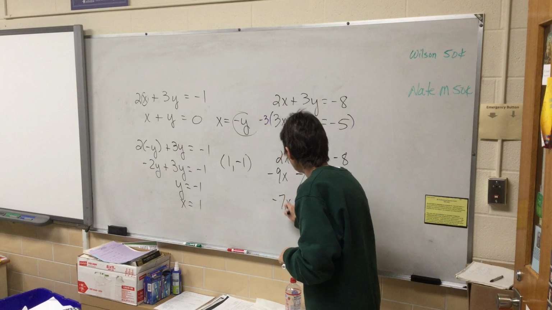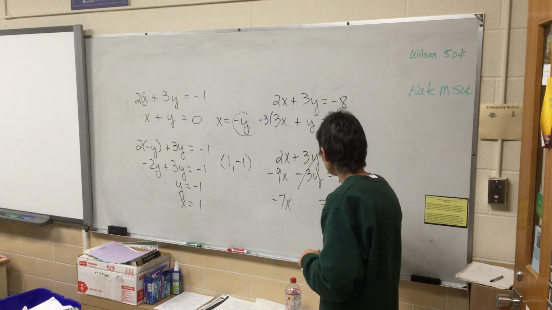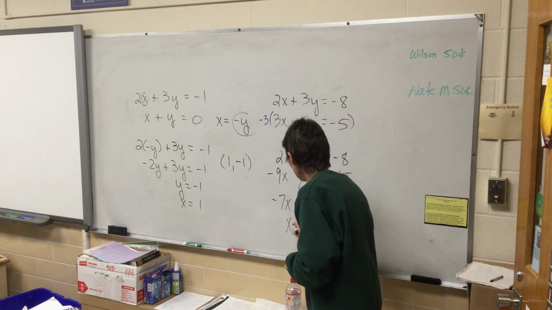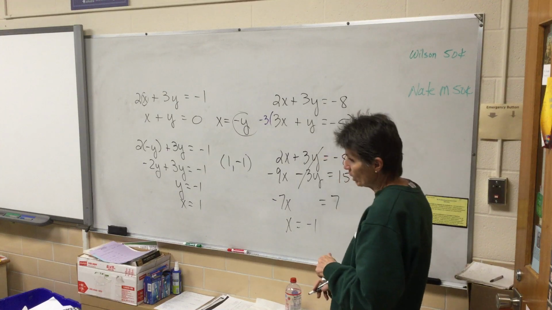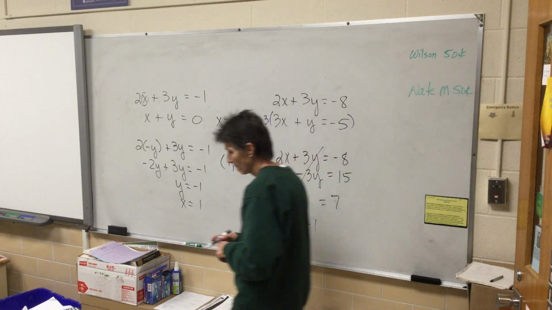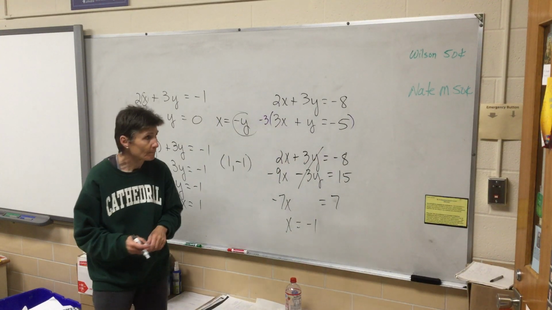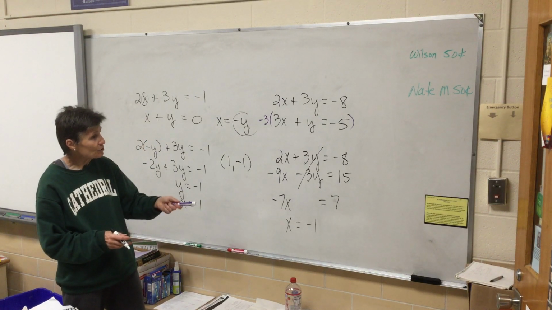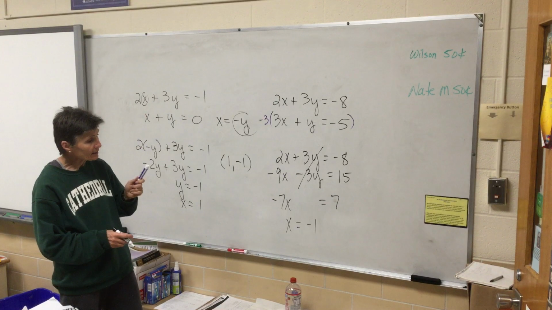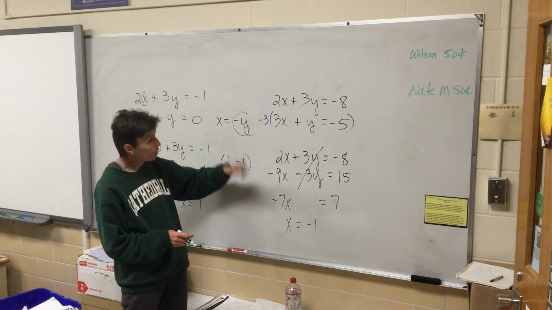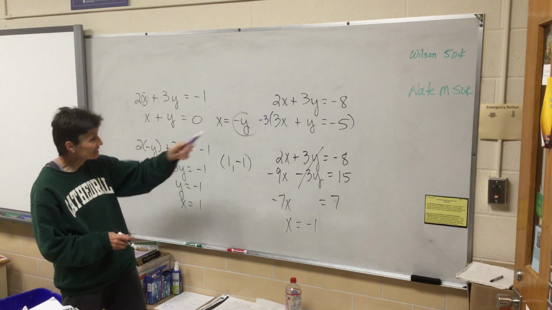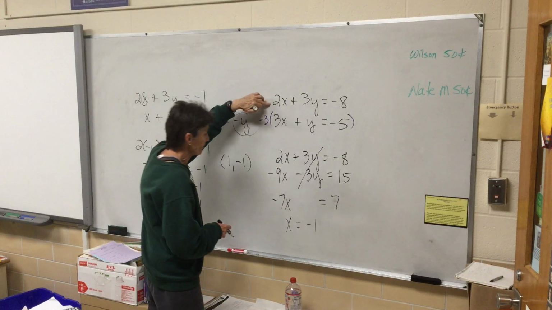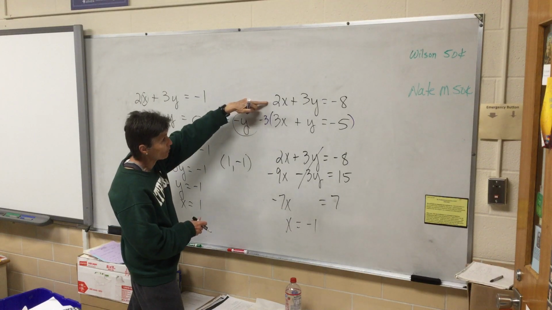So -7x equals 7, and x equals -1. Now we do exactly what we did a minute ago. We take that -1 and we plug it back in anywhere we want. So I'm just going to put it in the top because I haven't messed up that equation.